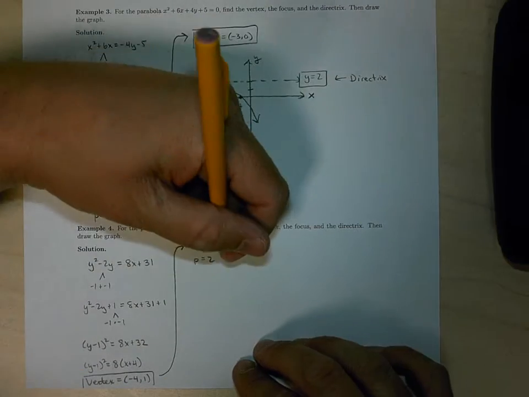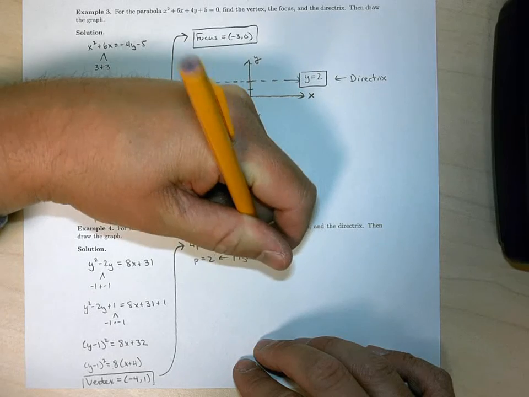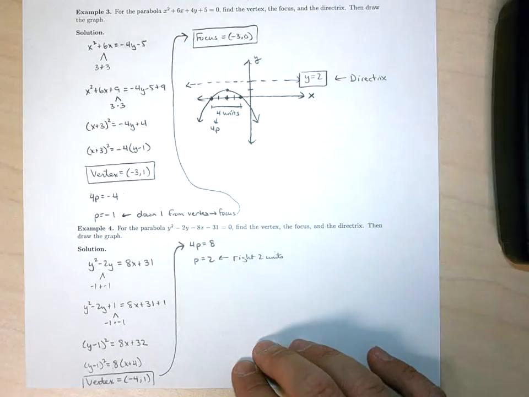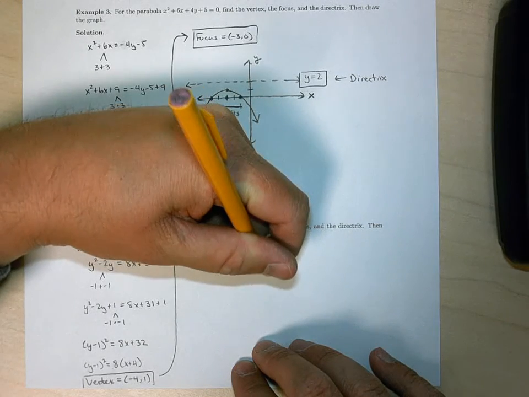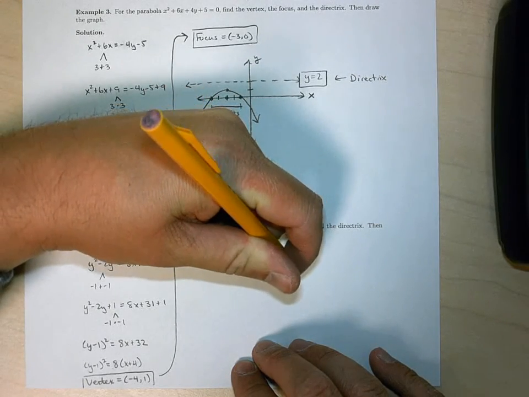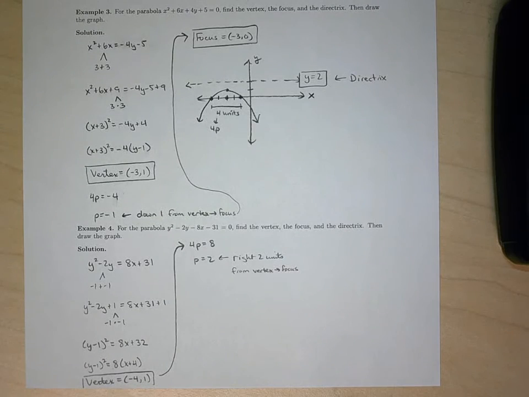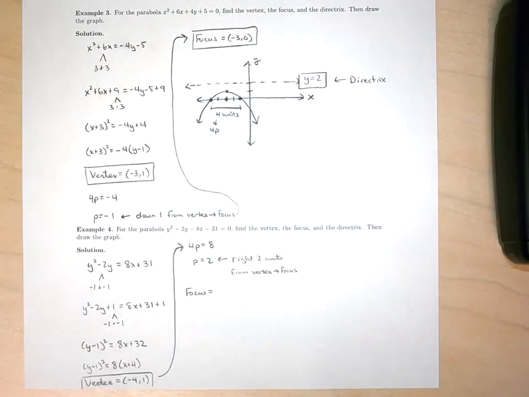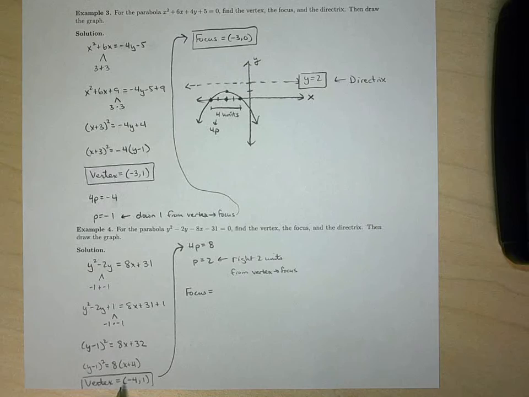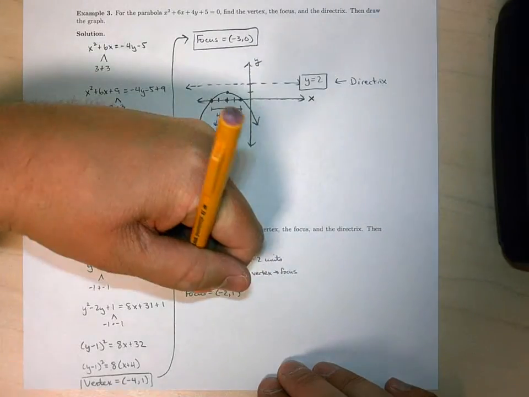So p equals 2 tells us we go right 2 units from vertex to focus. Well, if I begin at negative 4, 1 for the vertex and travel right by 2, then I must be at negative 2, 1.